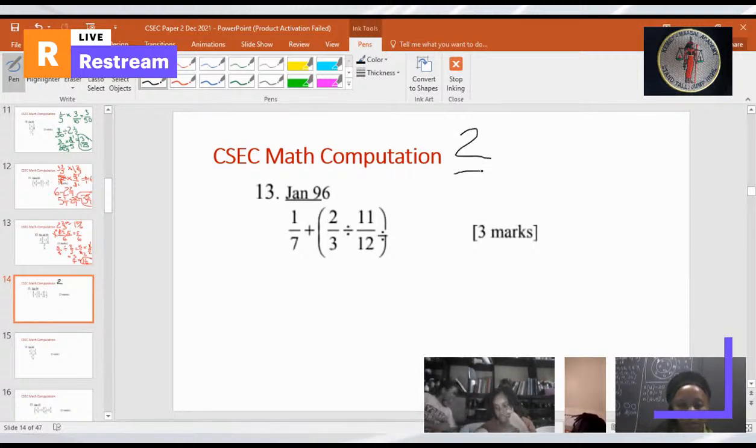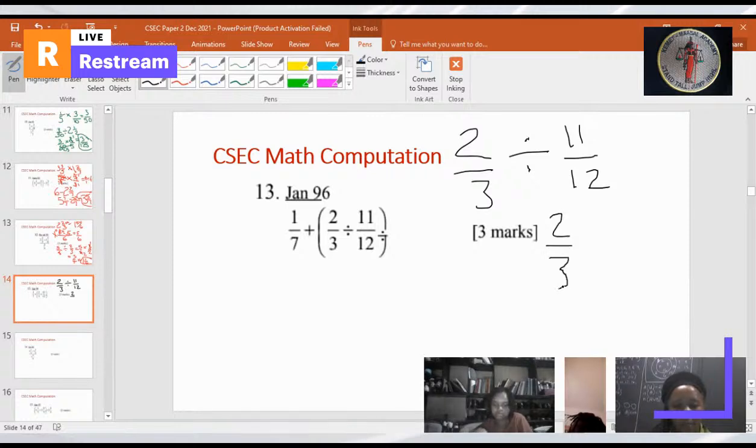So 2/3 divided by 11/12. And that would give what? Miss, can you please repeat? So we write back the 2/3. What do we do next, Miss?